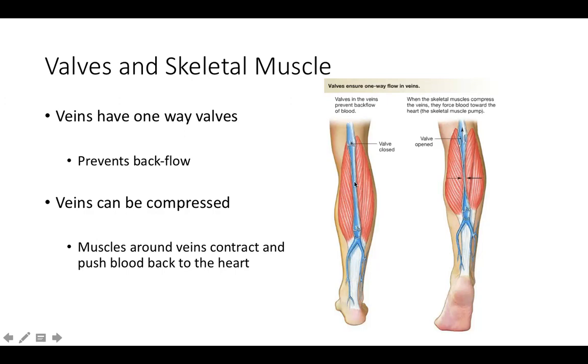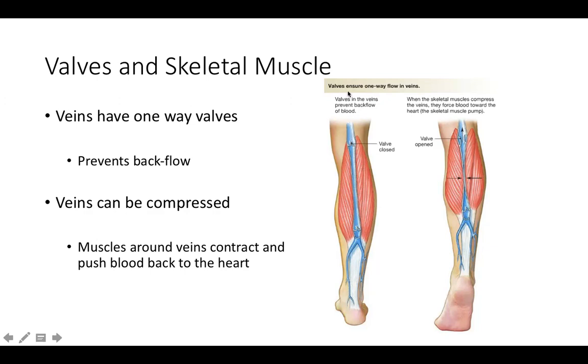And the way that we actually propel the blood forward is, imagine that you have blood in the ankle and foot. Well, when the muscles around the ankle and the foot contract, they're going to compress those veins and push all the blood forward into where the calf is. When the muscles of the calf contract, they're going to compress the vein, and all the blood is going to be pushed forward into the thigh.